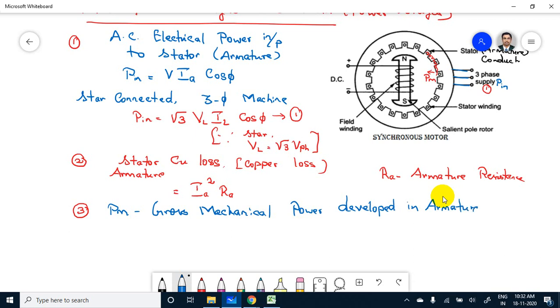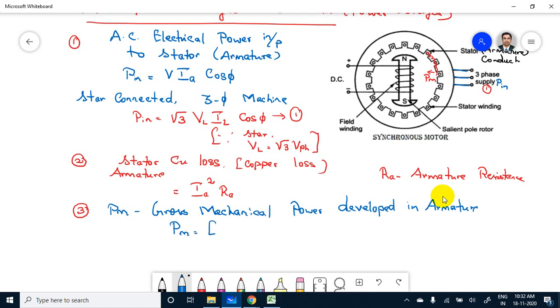Okay, first step, you are giving the input power, then losses will be produced in the armature. Then once a loss is produced, then a gross mechanical power will be developed in the armature. Gross mechanical notation is PM.